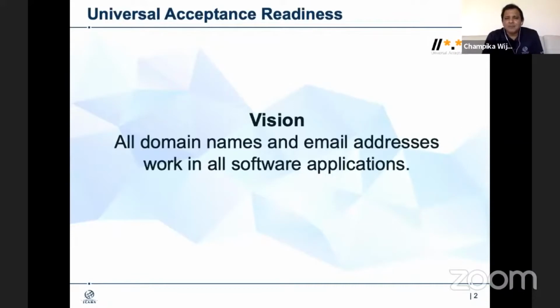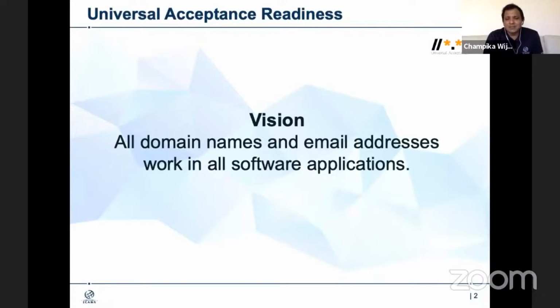Now, sometimes you might wonder, why are we talking about it now? Because we have been using domain names and email addresses for a long time. It has been all working in software, right? But you also have to understand that the DNS, the domain name system, has evolved quite a lot over the years.